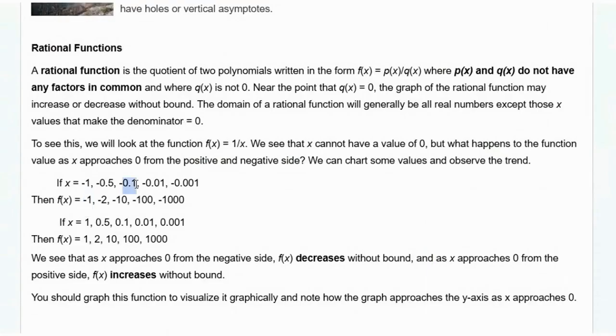When x equals -0.1, it's going to equal -10, because 1 divided by -0.1 is -10. Then -0.01 gives -100, and -0.001 gives -1,000, because it gets big really fast, because you've got 1 divided by a very, very small number. And then on the right side, you get the same numbers as positives: 1, 2, 10, 100, 1,000.